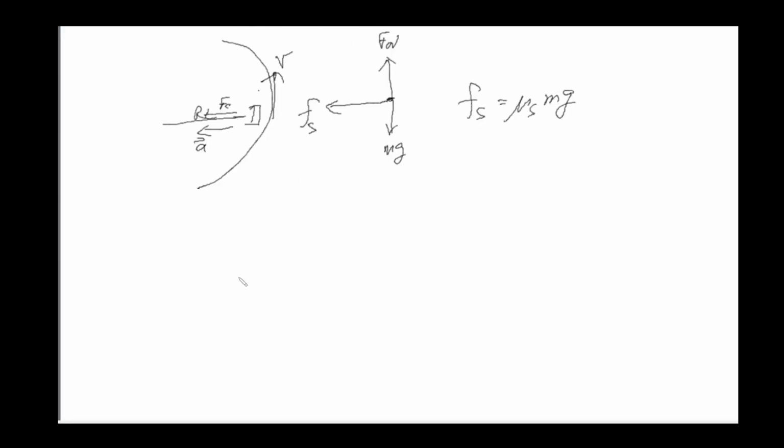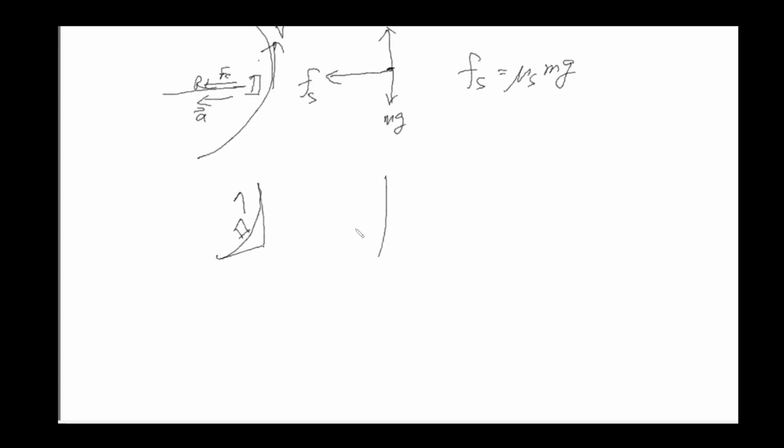Now, what if you have a car on a banked curve? And this is going around that way. If we do the free body diagram, we again have the weight of the car. But in this case, since the wall is tilted, the normal force comes out in this direction, and we then have to look at the components of that normal force.